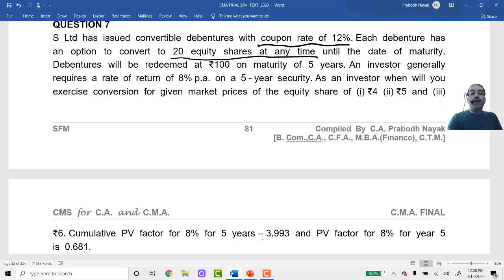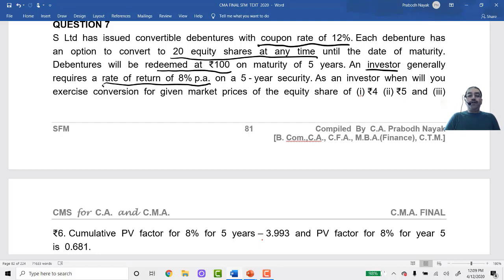Debentures will be redeemed at 100 rupees on maturity of 5 years. The investor requires a rate of return of 8% per annum on a 5-year security. As an investor, when will you exercise the conversion for given market prices of the equity share of 4 rupees, 5 rupees and 6 rupees?